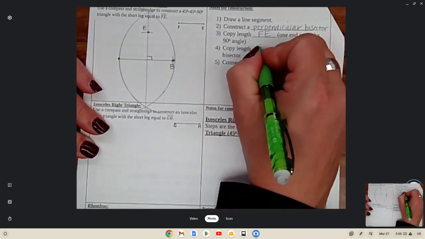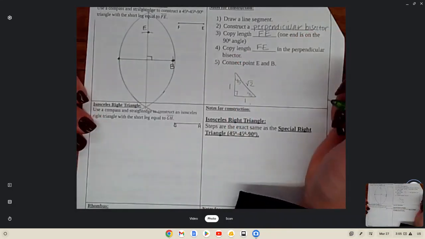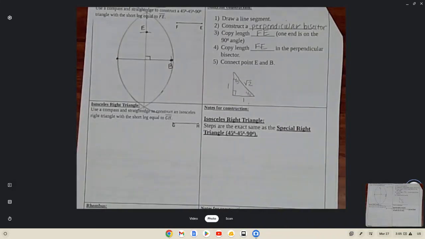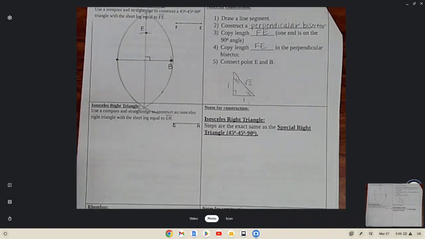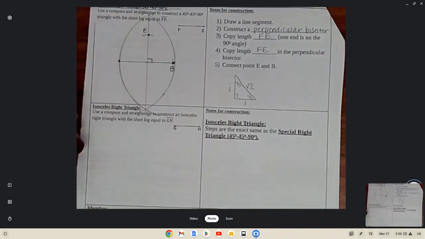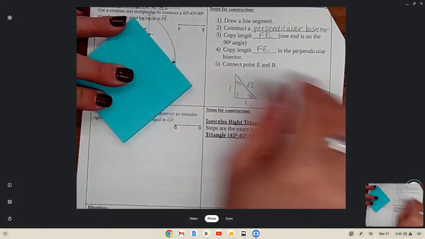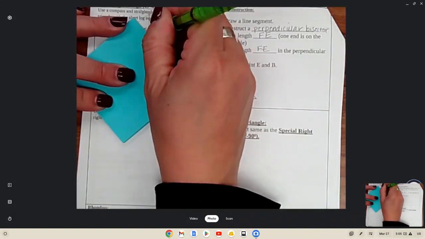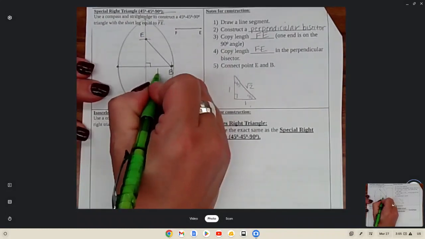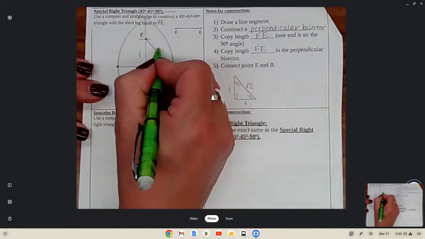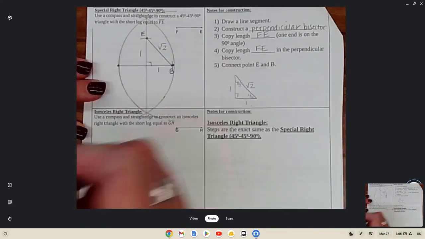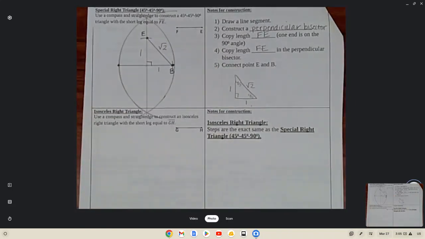So then you're going to copy the length of FE again, going the other way. Then just connect those. Okay, so we have one unit here, and then by Pythagorean theorem, this should be square root 2 units. Okay.